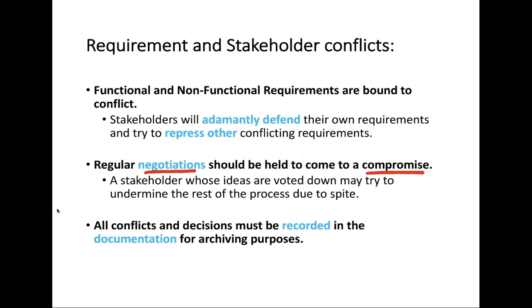In these negotiation meetings, a stakeholder whose ideas are voted down may try to undermine the rest of the process. It's very important during this negotiation phase that any conflict, as well as resolution decisions, be recorded for documentation and, of course, for archiving purposes.